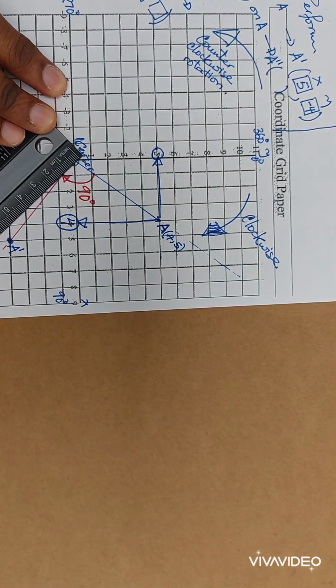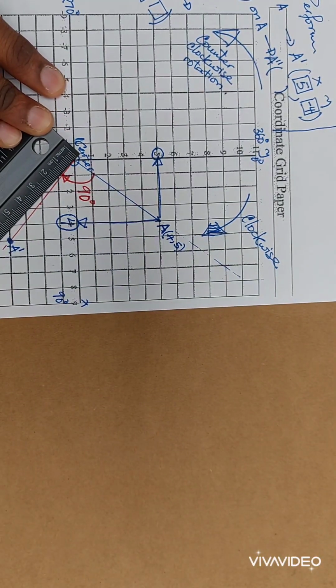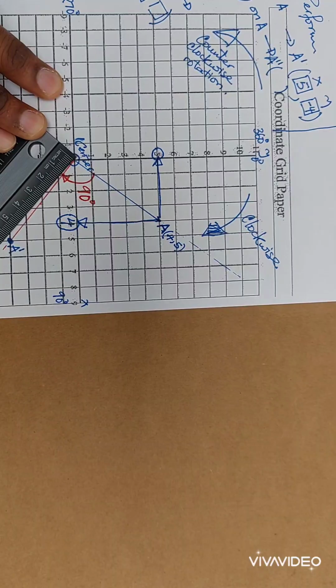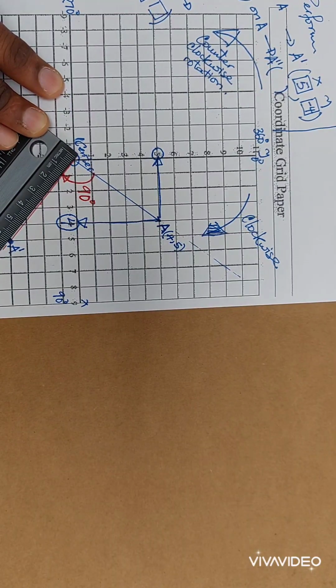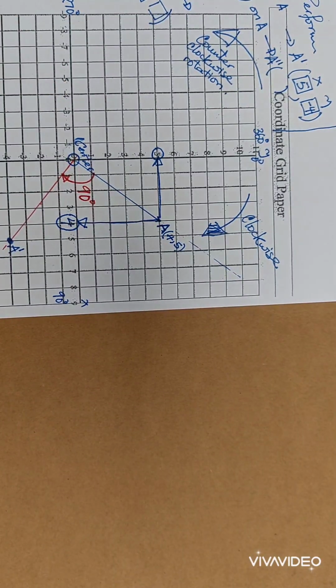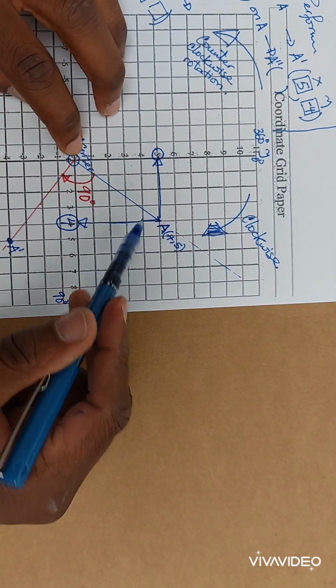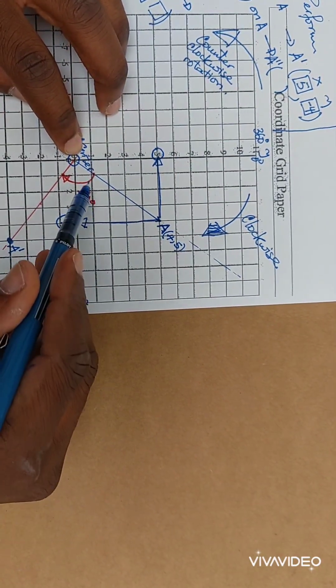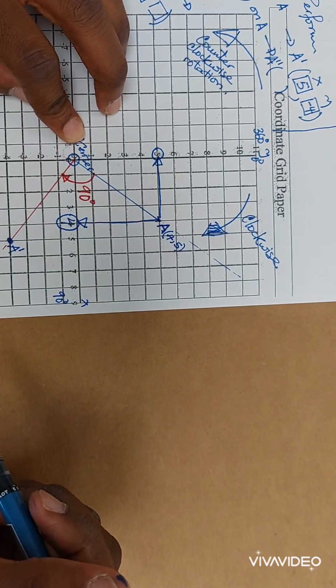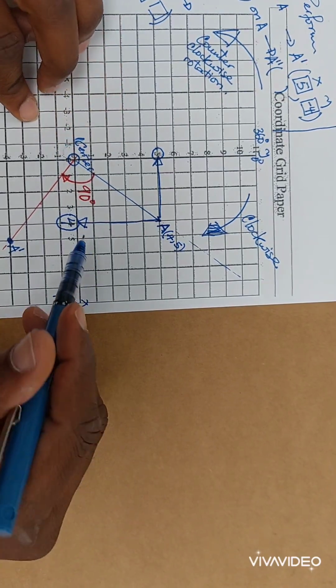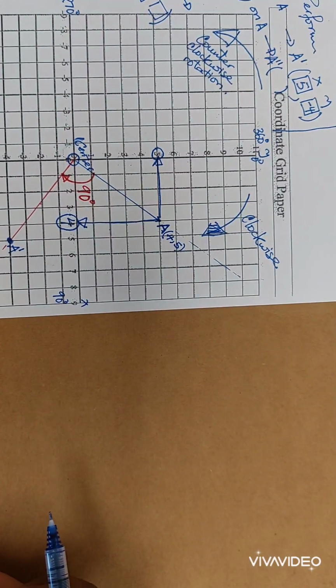All right, let's measure this other line here that goes from the origin to A prime, 6 centimeters. Okay, so we have respected the two properties of rotation. The length of the line has stayed the same after the rotation, and the angle of rotation has been measured to be 90 degrees. So this strategy works for doing a rotation about the origin.